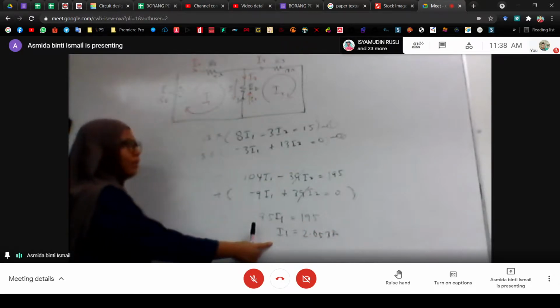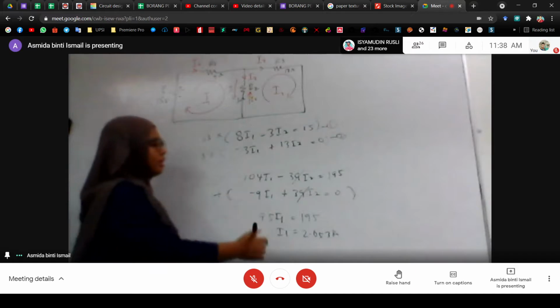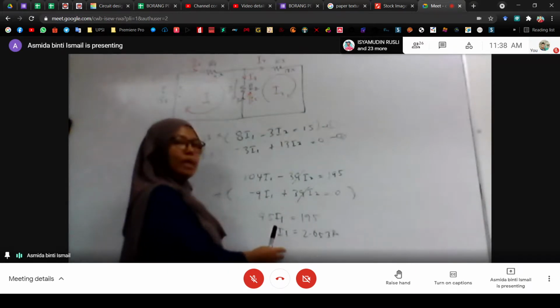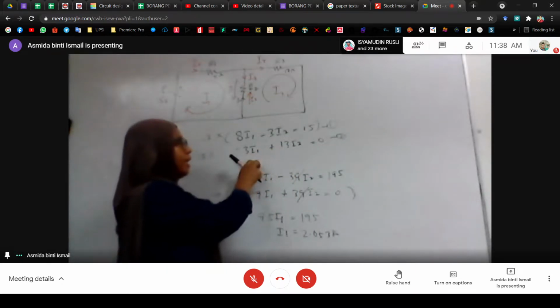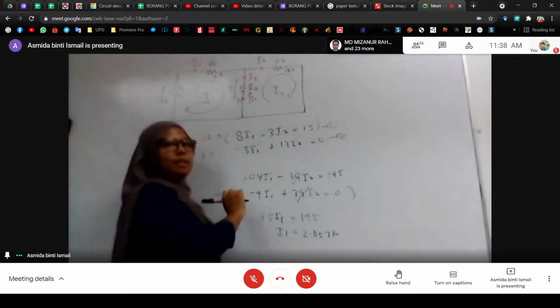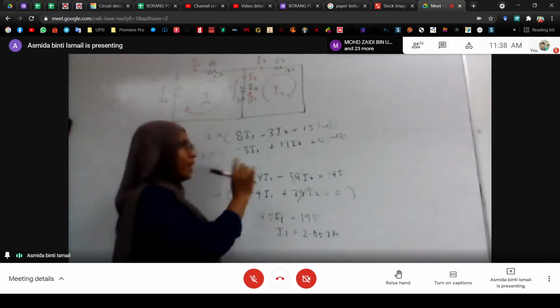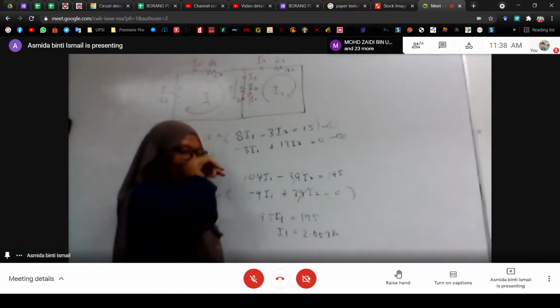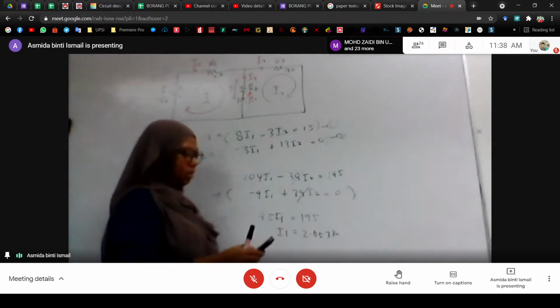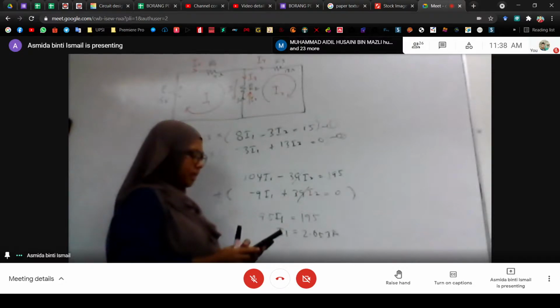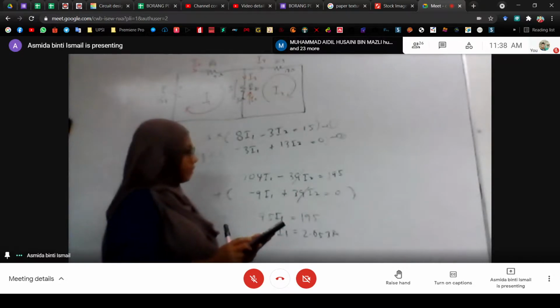Okay, this is I1. How about I2? You substitute the value of I1 in this equation or this equation, either one, so you can get the value of I2. Or you can use a calculator.